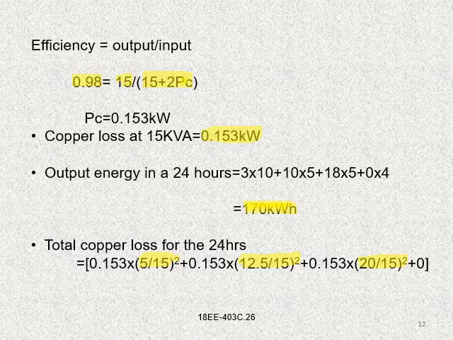By solving all these, we get the total copper loss for 24 hours as 2.06 kWh.